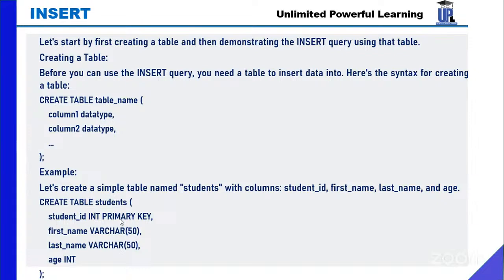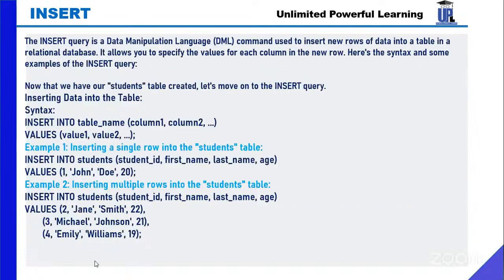Since we already know what is primary key, foreign key, super key, all these keys we have discussed. We use primary key and foreign key exhaustively, but unique also sometimes we use. So if you look at this, create table student, student ID int primary key, first name varchar 50, last name varchar 50, age. So this type of table we can create.